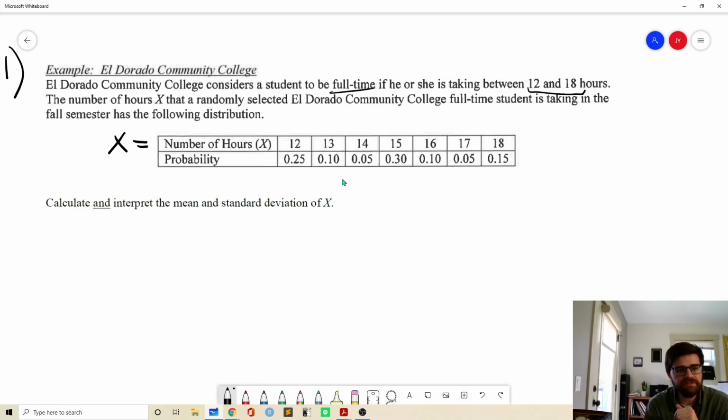So what's kind of interesting to me is that we have these big spikes at 12, 15, and 18. If we were to graph this, we're not going to graph it, but if we were to do a histogram or something like that, we would see sort of trimodal data. We have these three big humps, and that makes sense.